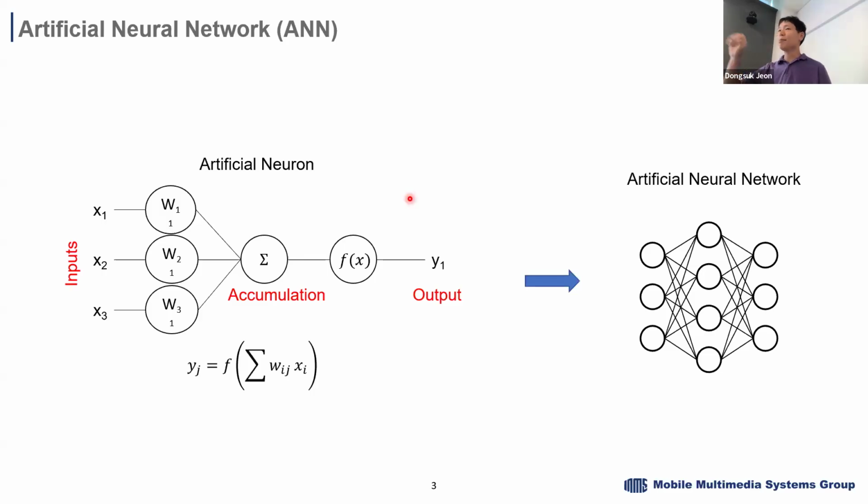Essentially, it's taking multiple inputs through some synapses, and each synapse has its own synaptic weight. The inputs will first be multiplied by the synaptic weights, and they will be accumulated inside the neuron. And after going through some kind of nonlinear function, you can generate another output going to the next neuron. So by putting tons of these neurons together and connecting them, we can come up with an artificial neural network on the right side.